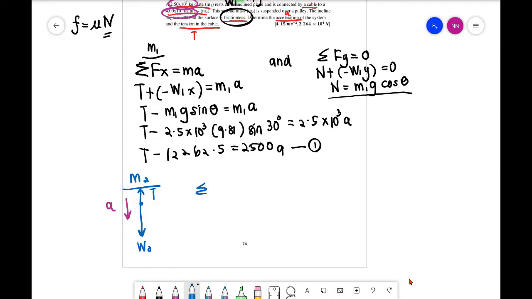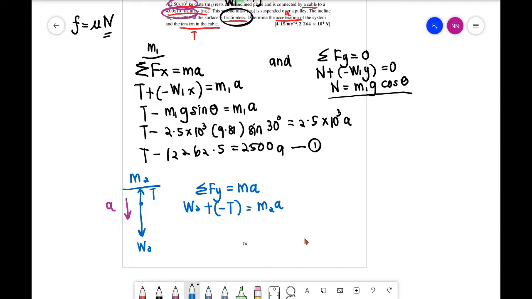Net force Y for M2 equals MA. W2 is in the same direction as acceleration, so W2 is positive, and tension is in the opposite direction of acceleration, so tension is negative.